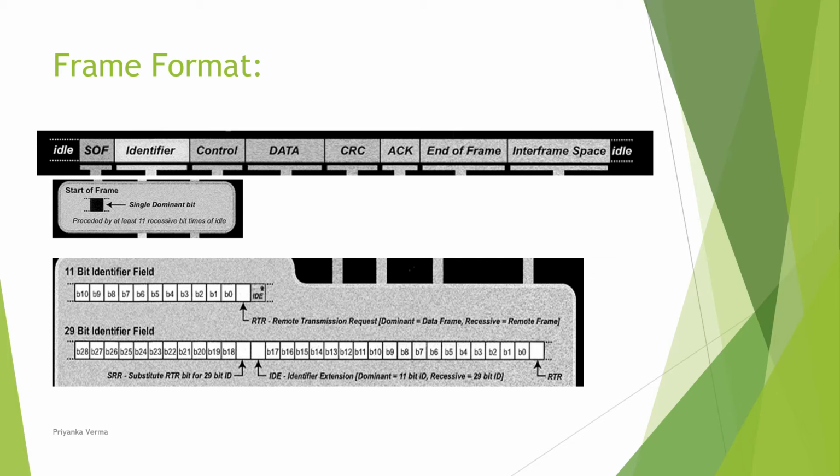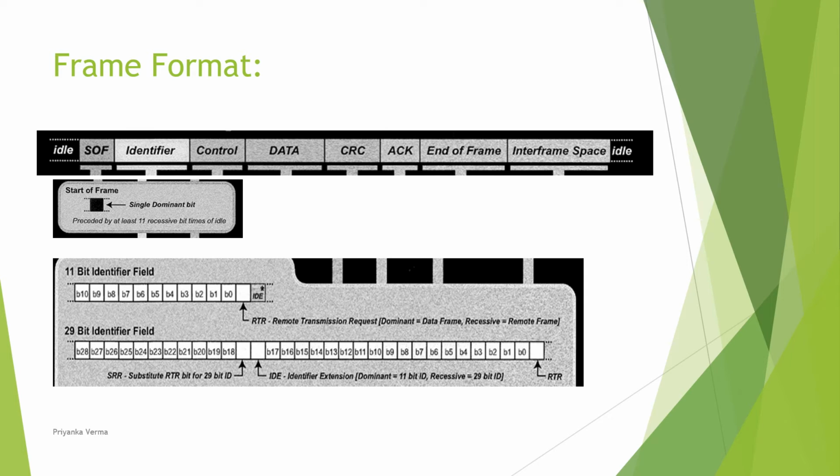Next comes the control field after the identifier. Control is limited to binary values, going from 4 times 0 up to 4 times 1, and basically tells the DLC, the length of the data that's going to be transmitted.